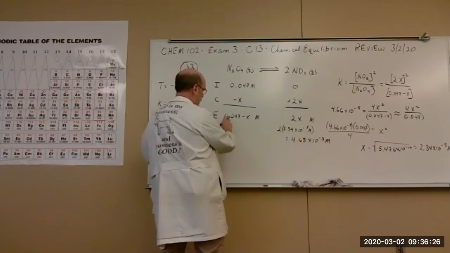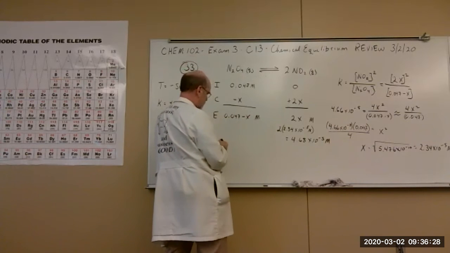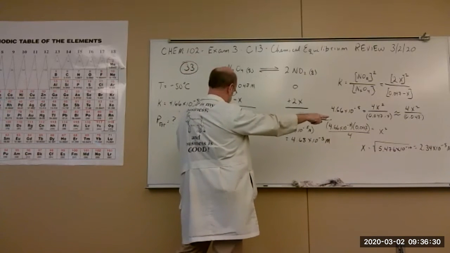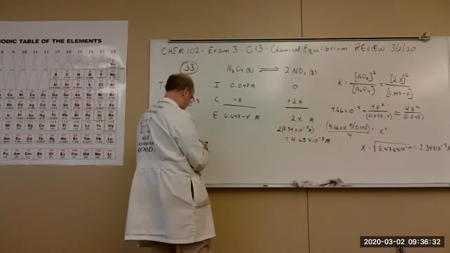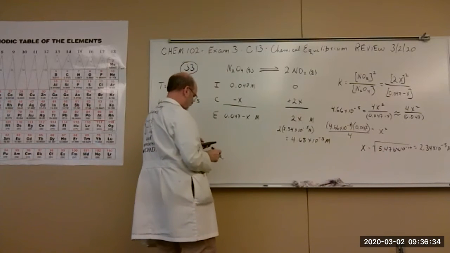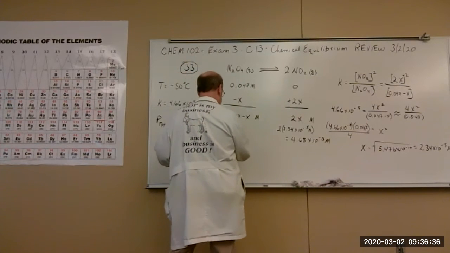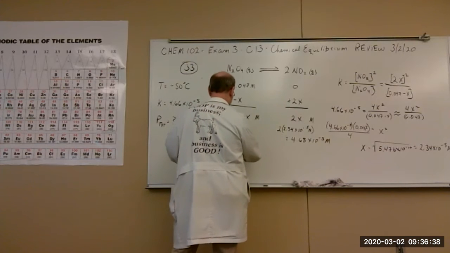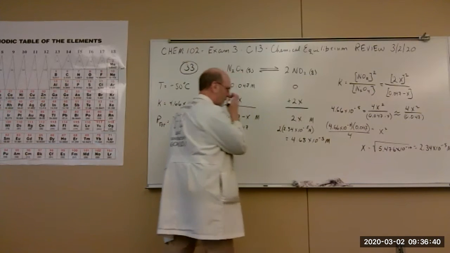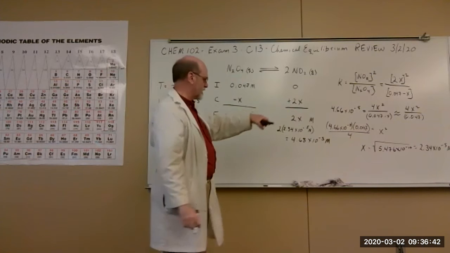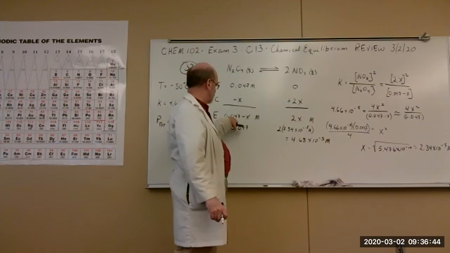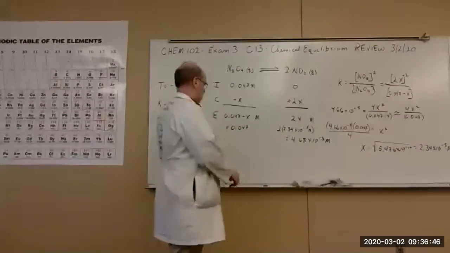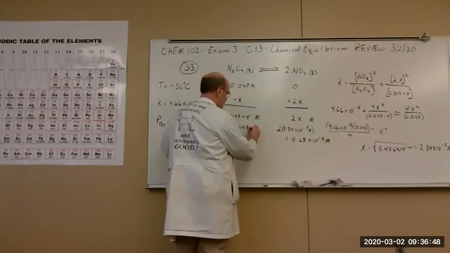And this is 0.047 minus that value right over there, which is essentially 0.047, because look how much smaller that is. That's 3 orders of magnitude less than this. So when you round it off, you still get this value.